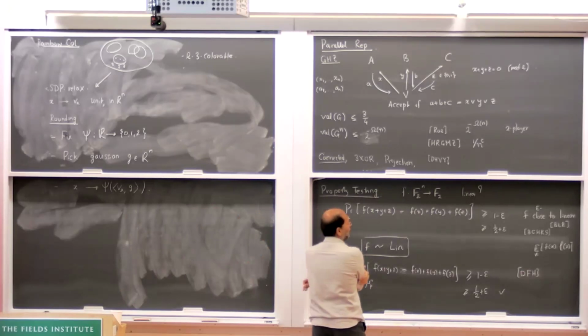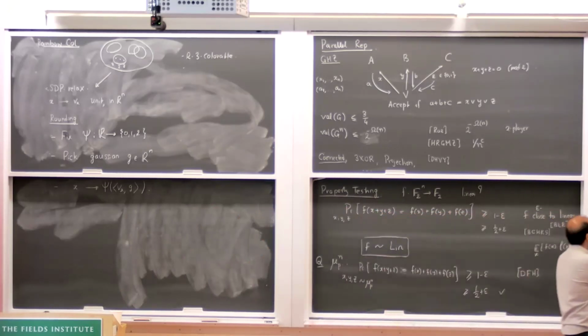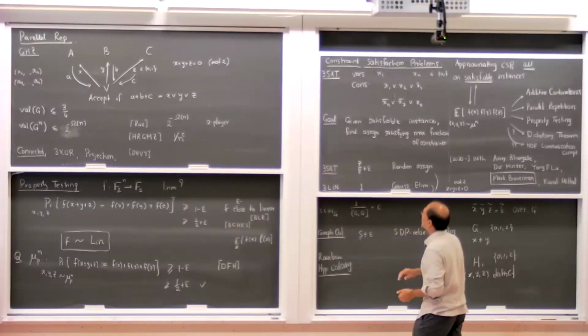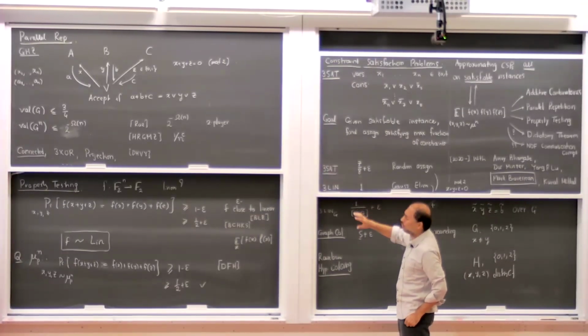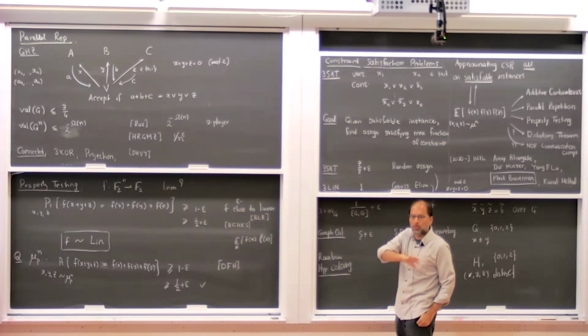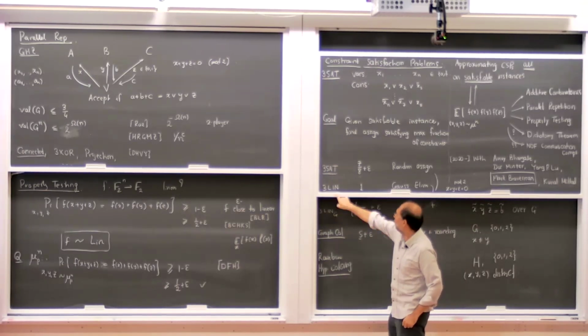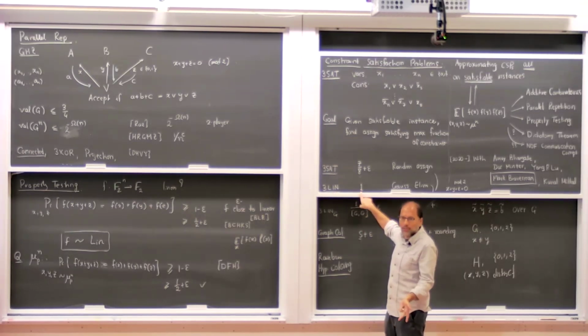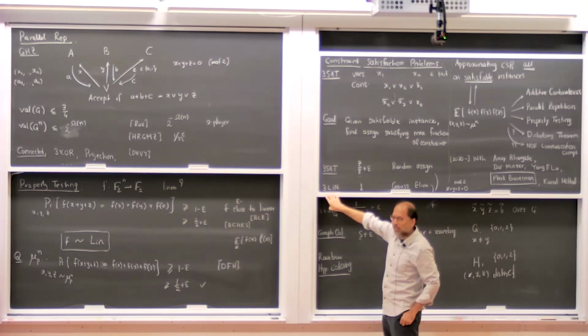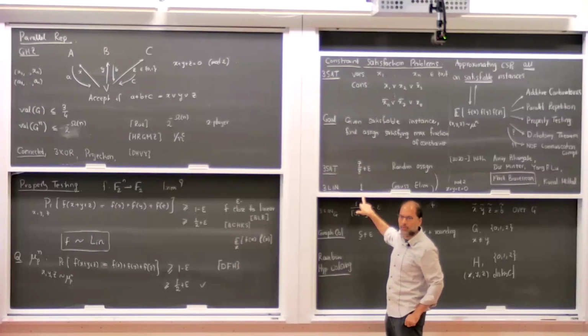Yes, maybe I should have said this before, there was a question asked, what happens on instances which are near satisfiable as opposed to perfectly satisfiable? So there the picture is completely different. For example, for 3-LIN, on perfectly satisfiable instances, you can find the satisfying assignment, whereas if it's only nearly satisfiable, actually you cannot beat even 1/2. That's another well-known result. Okay.